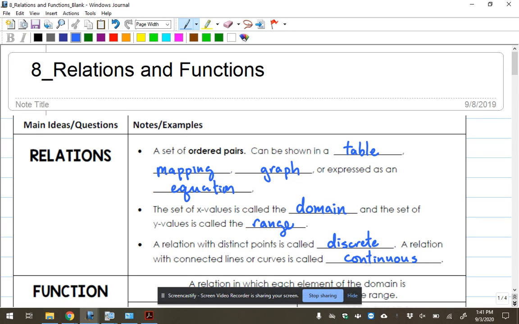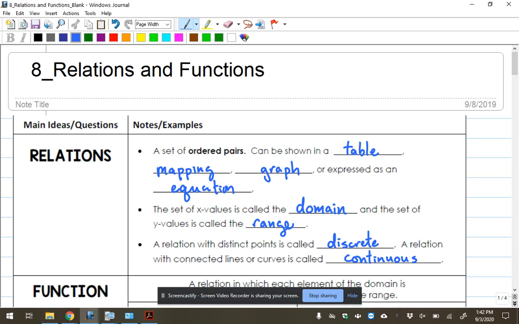In my stats class, we talked about this in the beginning of the statistics course. Discrete is like counting how many people are in the room. I can count, there are 2, 4, 6, 8 of us in the room. There's not 8.5 people. There's not 8.65 people. There's a distinct number of things. So when you think about discrete, you're talking about separated values.